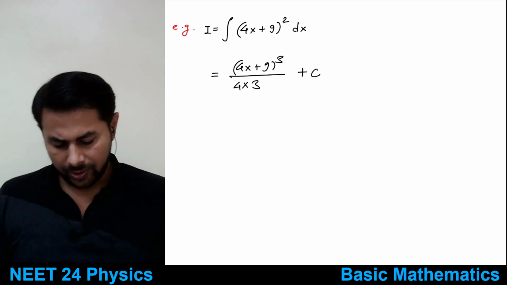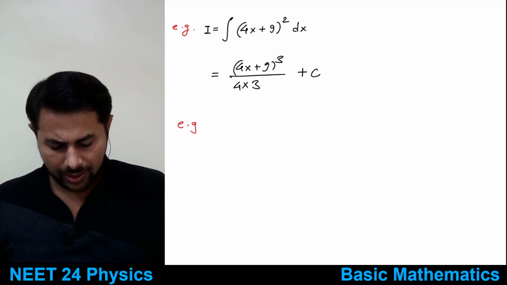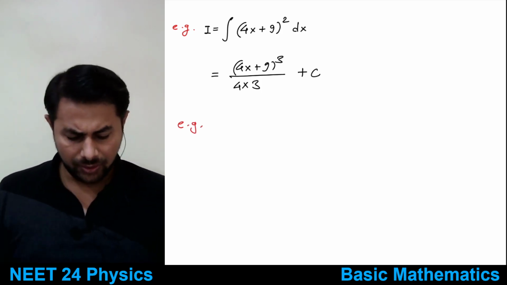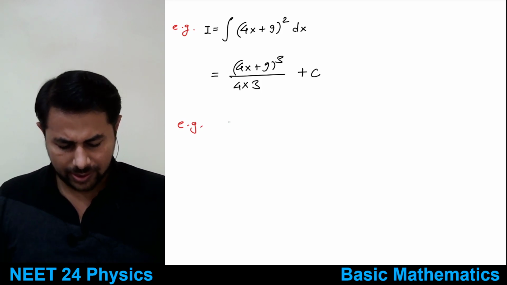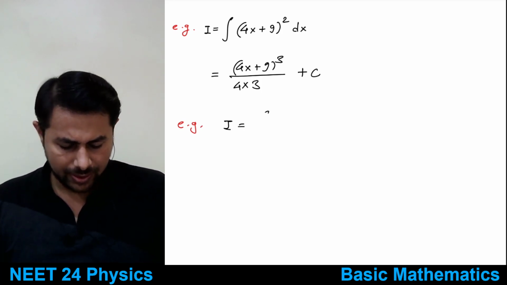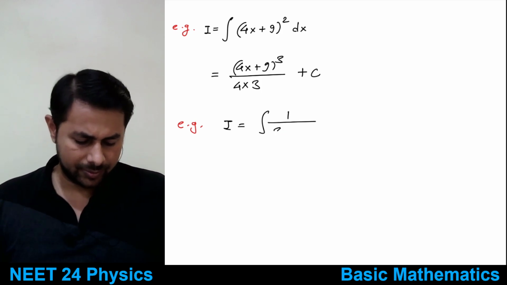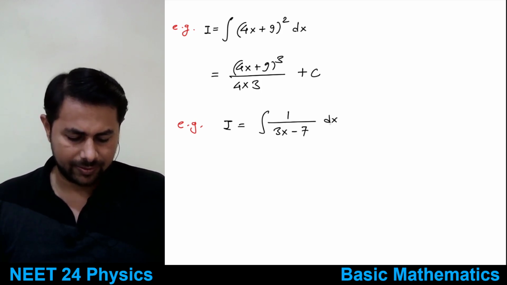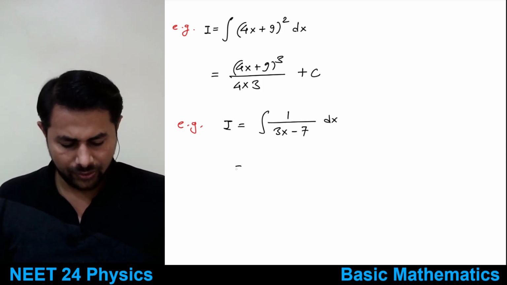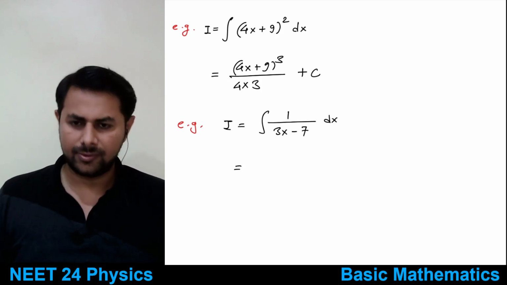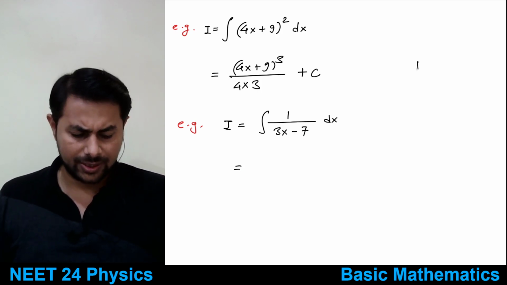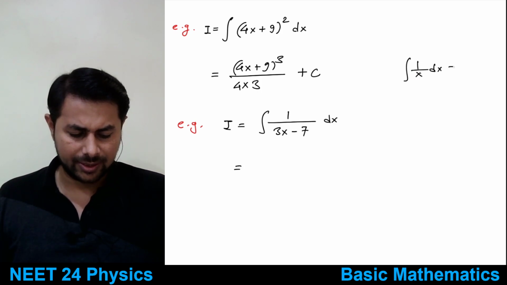Okay, good. Then you have, for an example, the integration of 1 by 3x minus 7 dx. You integrate this, tell me. You know that the integration of 1 by x dx is equal to log x plus c.